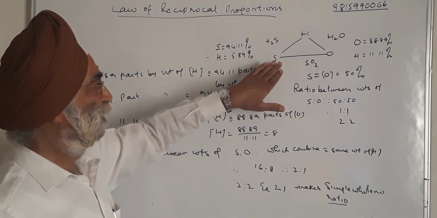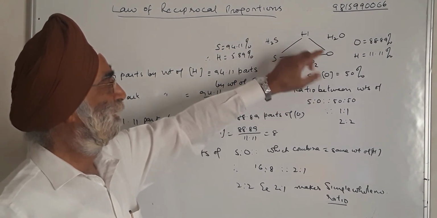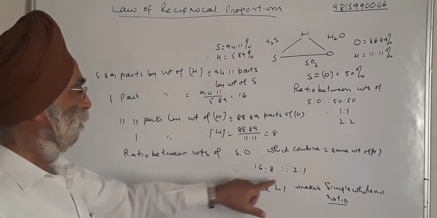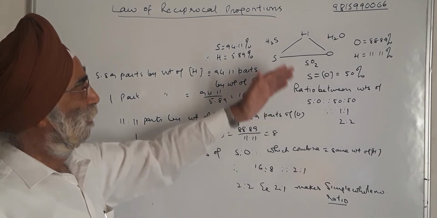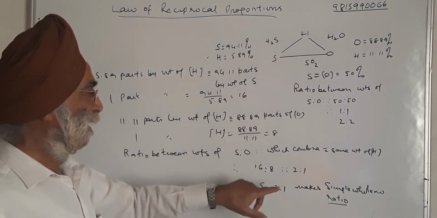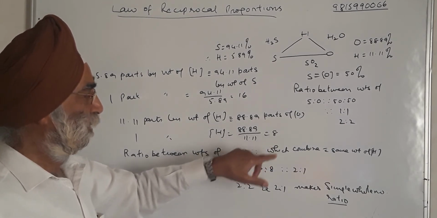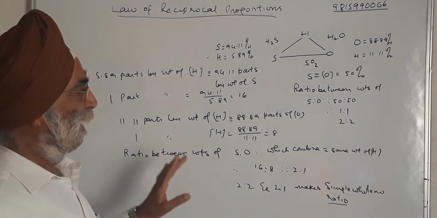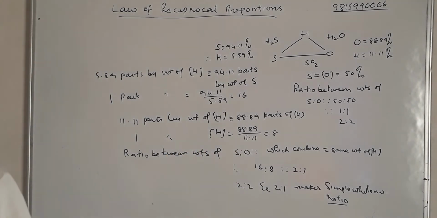The ratio between weights of sulfur and oxygen which combined with the same weight of hydrogen was 2:1. When these combined directly, the ratio was 1:1 or 2:2. So these make a simple whole number ratio and illustrate the law of multiple proportions.